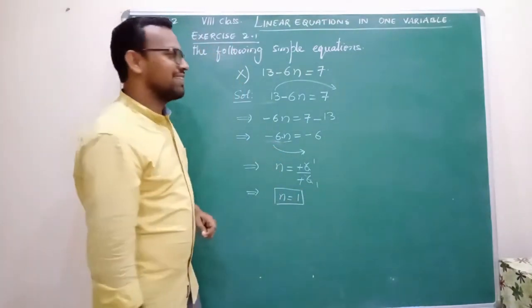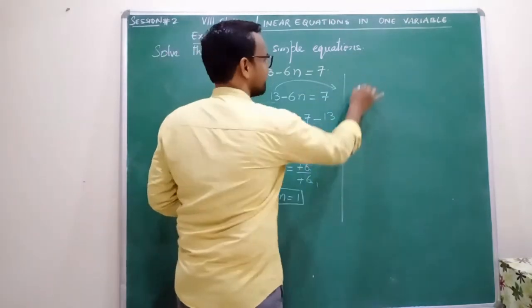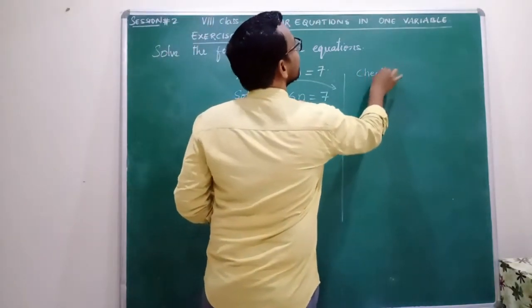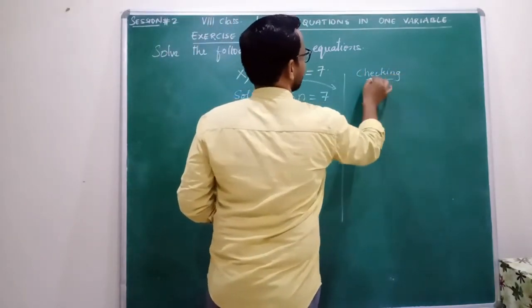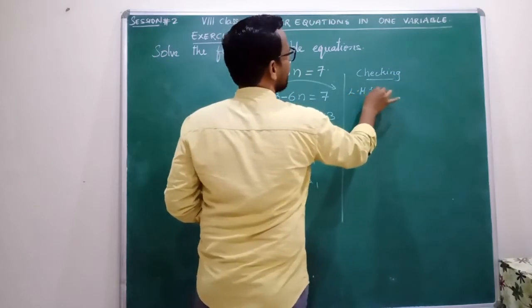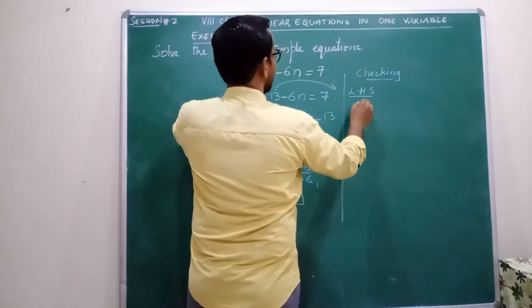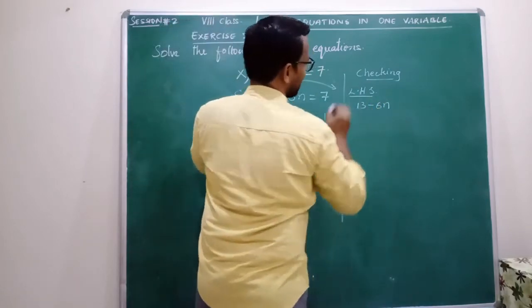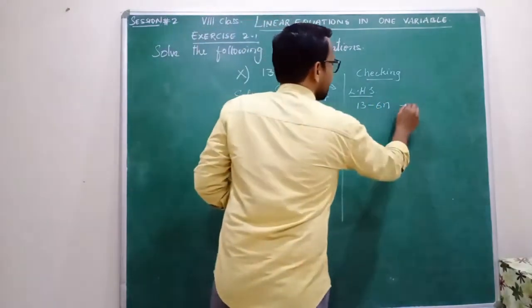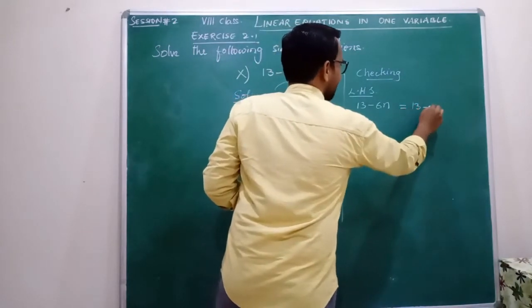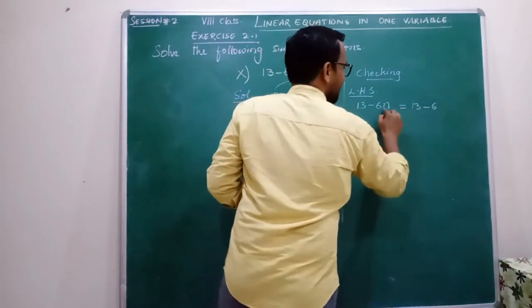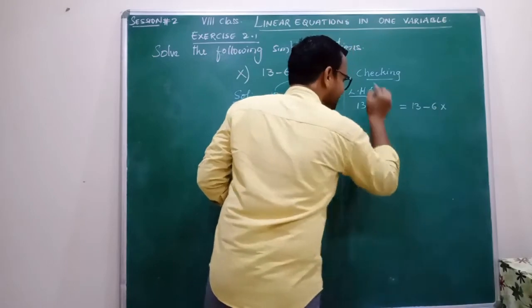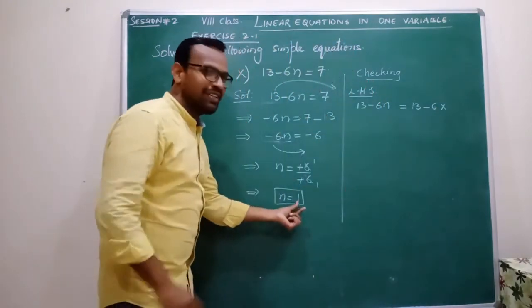Let me check the value. Checking. We need to take the left hand side. What is that? 13 minus 6n is the left hand side. That is equal to 13 minus 6 into n value. What is the value of n? 1.